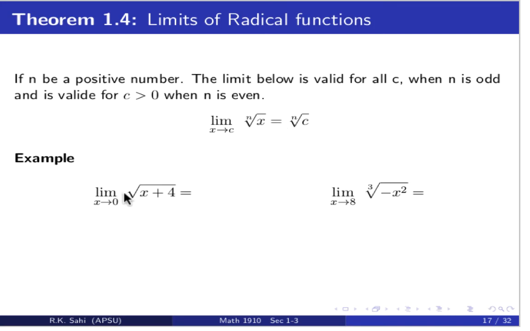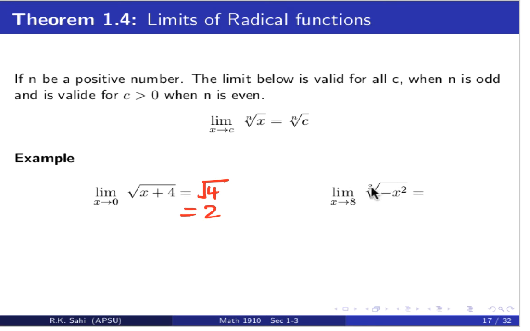Now let's look at an example: the limit as x approaches 0 of the square root of x plus 4. Clearly it's a square root function, an even root. When I plug the value 0 into the function, it's not a problem. So just go ahead and do that. It's going to be the square root of 4. The answer is 2.